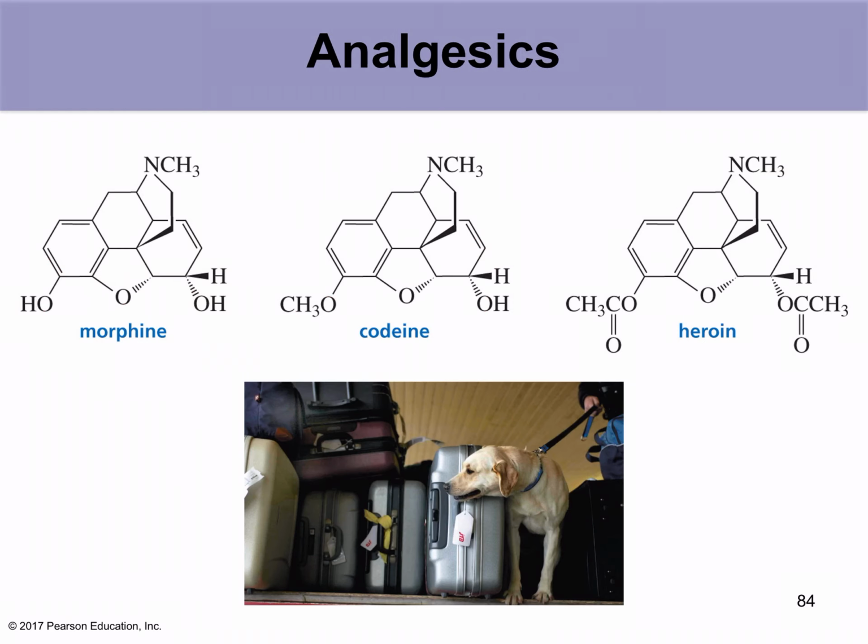Here you can see some analgesics. The first one is morphine, the most widely used analgesic for severe pain, and it is a standard by which other pain-killing medications are measured.